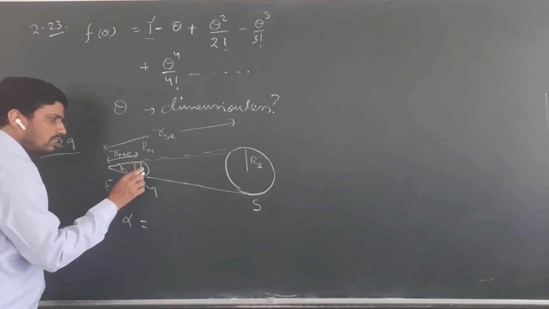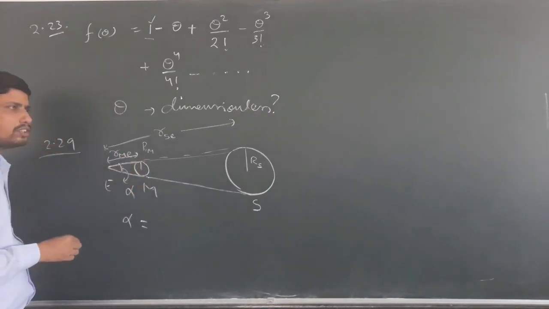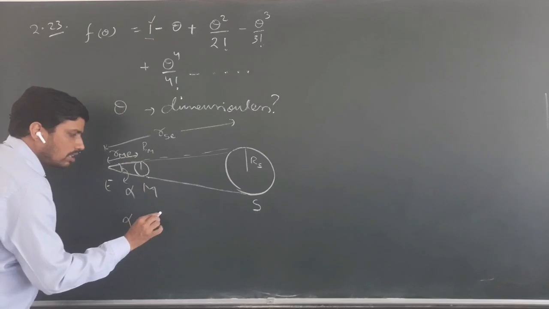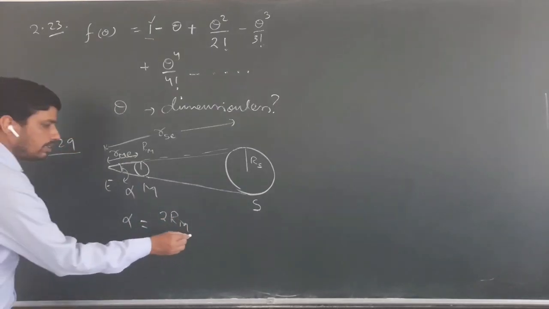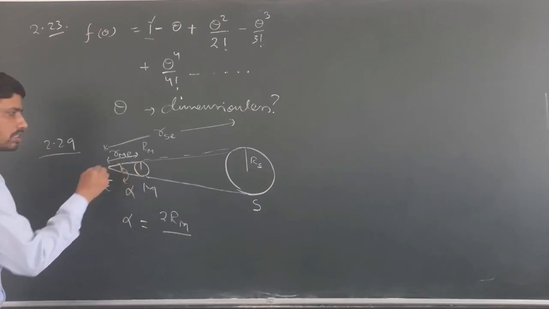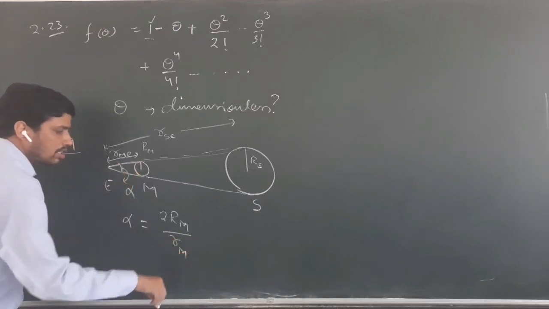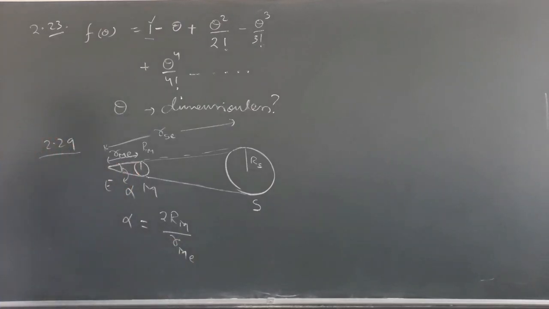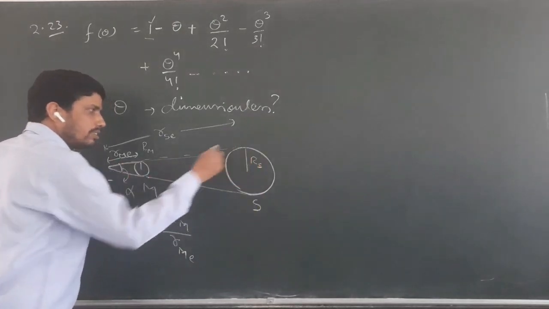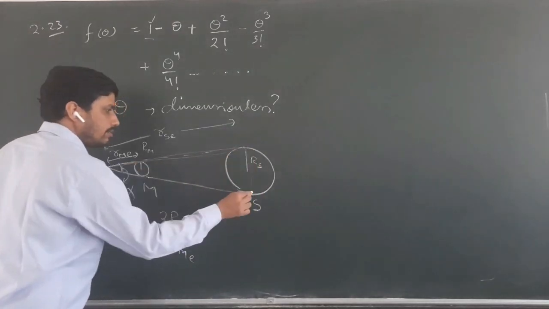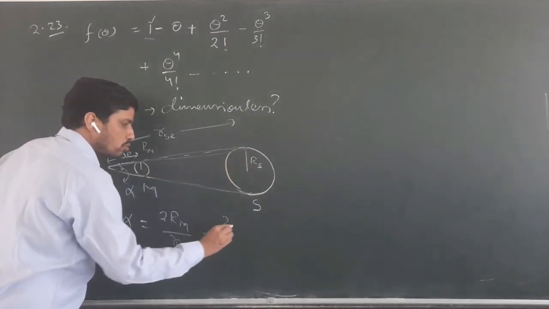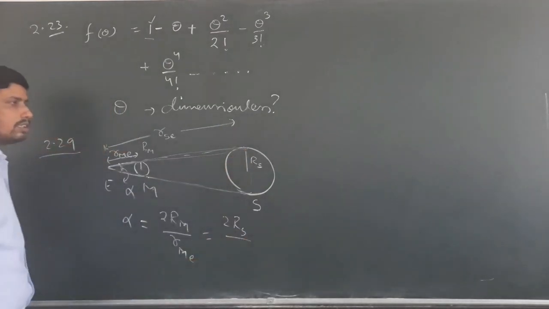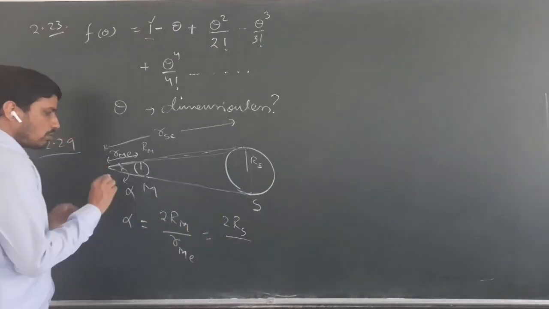This will be twice the radius, so 2 Rm, by the distance. What is the distance? Distance of moon from earth. But if you consider sun, then alpha will be written as this size. This size will be twice the radius of sun by its distance from earth.